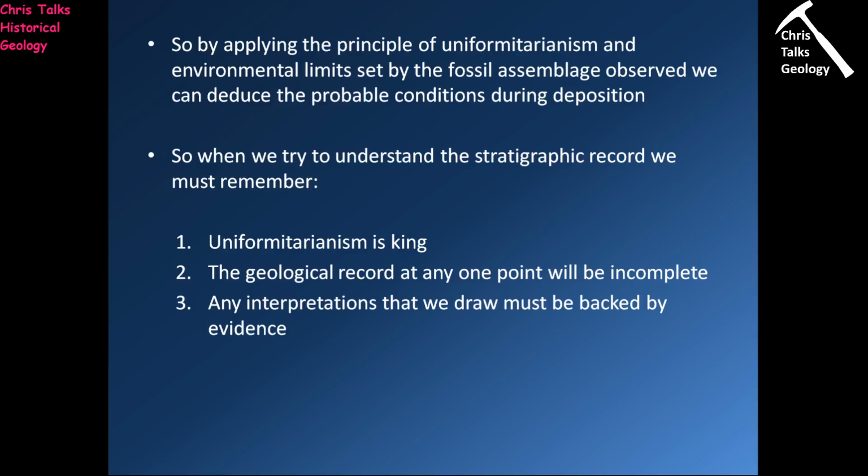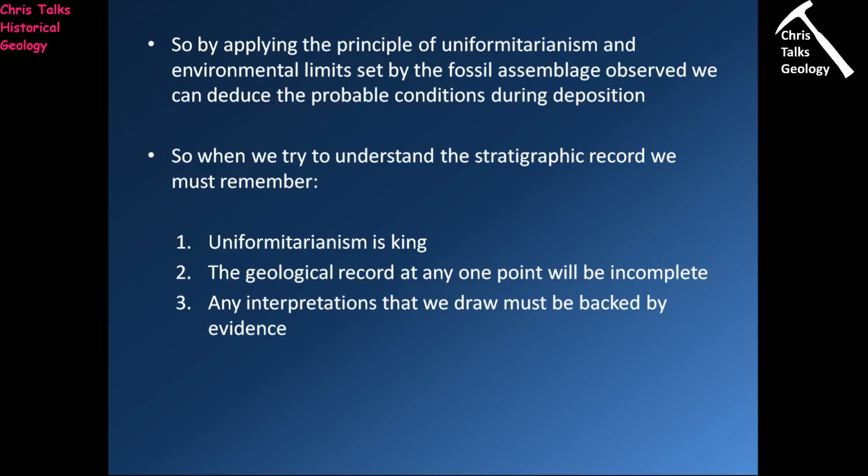So when we're trying to understand the stratigraphic record, so the rock record, we must remember three things. Number one, uniformitarianism is king, because that's how we work out the environment in which sedimentary rocks formed. We use modern environments and we apply what we see in those modern environments to the rock record.